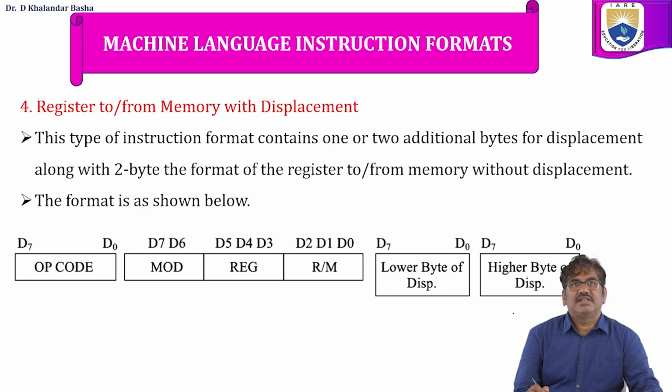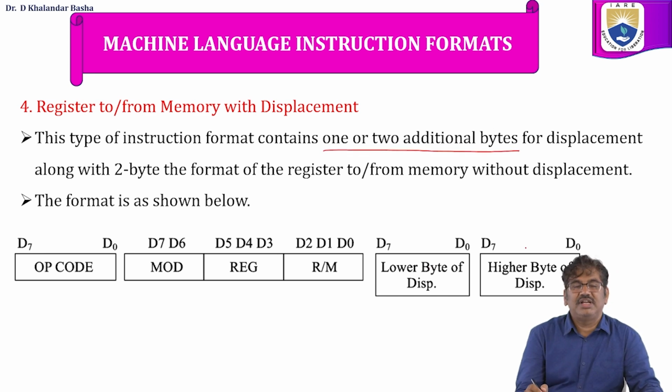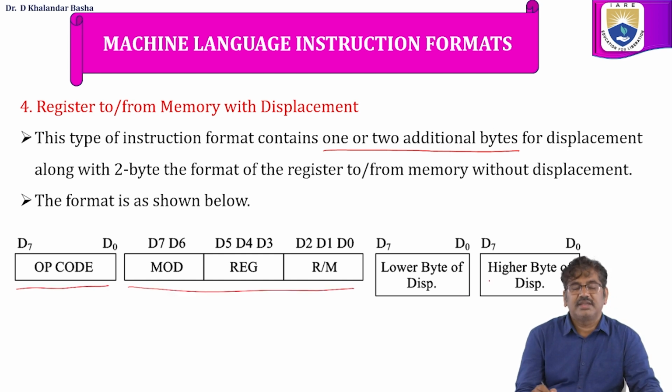The fourth one is register to or from memory with displacement. This type of instruction contains 1 or 2 additional bytes for displacement along with the 2 bytes of the format of register to or from memory without displacement. The format is shown below. The first byte as well as the second byte is the same as in the previous case.